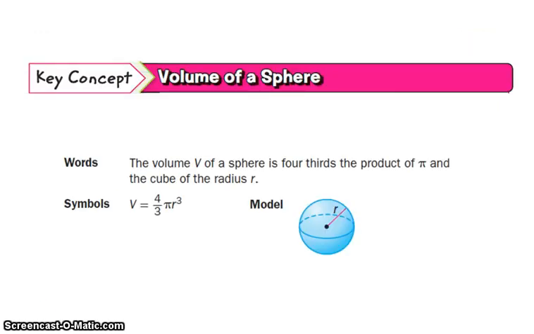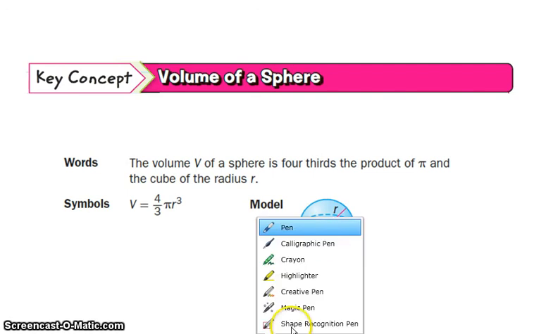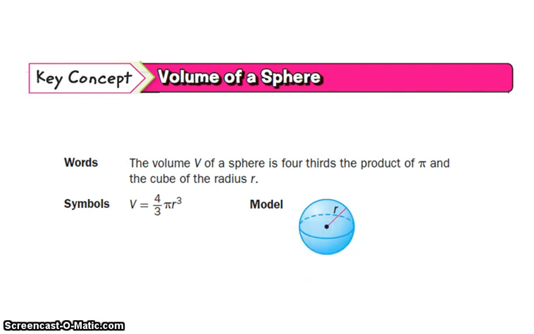Let's look at the exact formula for finding the volume of a sphere. It's right here. Volume equals 4/3 pi r cubed. Now some of this might look familiar to you. Normally we're dealing with pi r squared because that's the area of a circle.